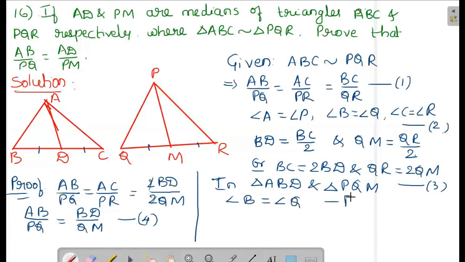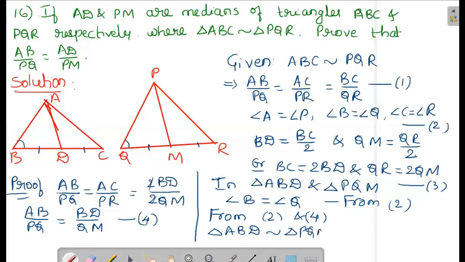And from 4, AB by PQ is equal to BD by QM. So from 2 and 4, triangle ABD is similar to triangle PQM by which criteria? By SAS criteria of similarity.